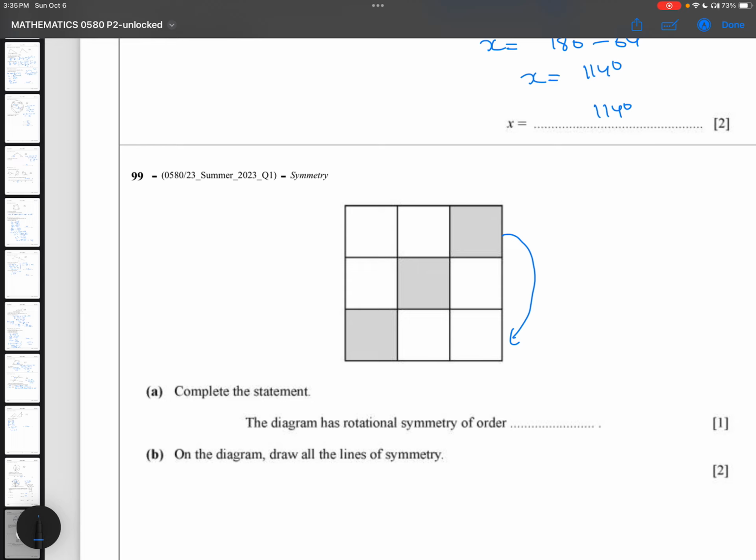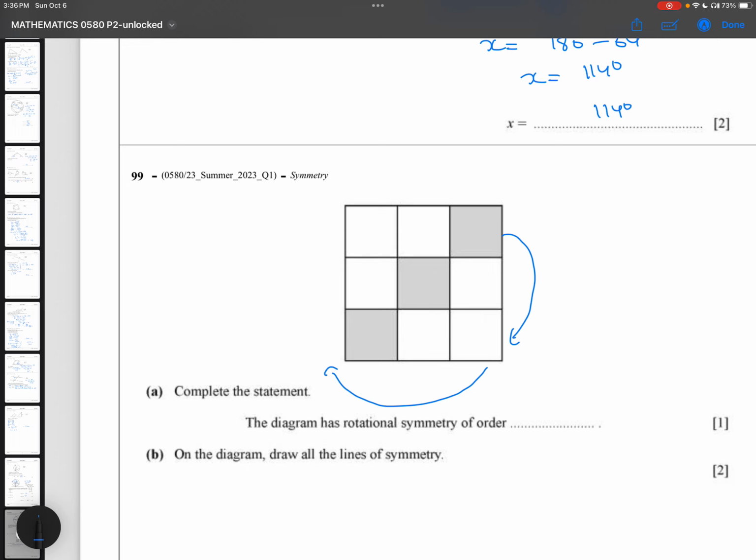But when we again rotate this figure 90 degrees to the right, then this box will move over here and we will get the same figure again.